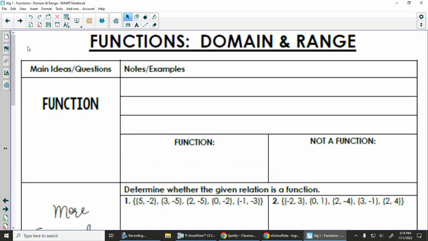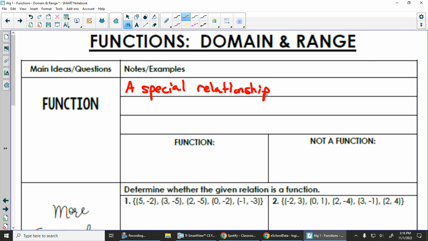Okay, so first of all, what is a function? A function is a special relationship between values. Now, what do I mean by that?